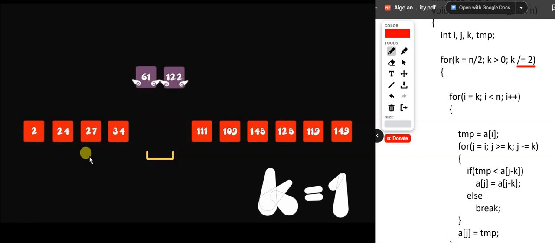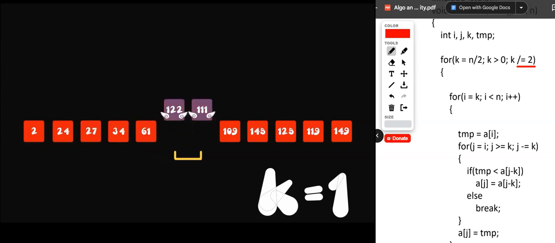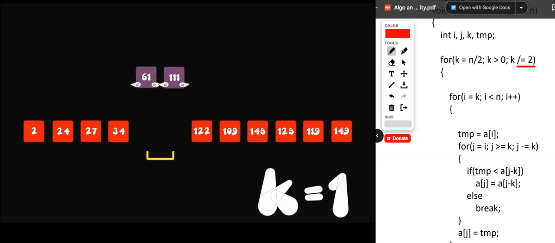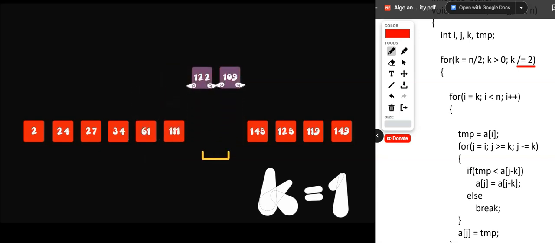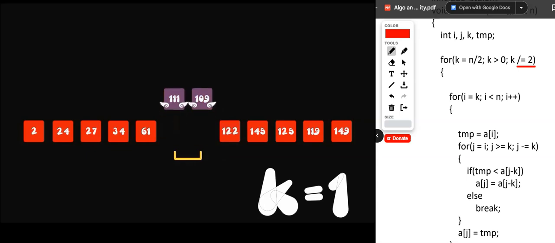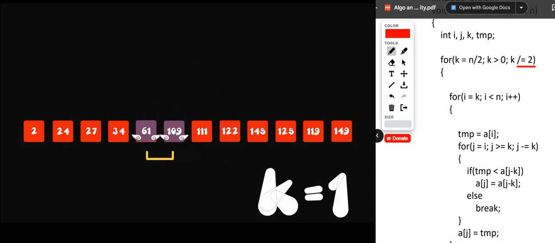Because there is no swapping, we move to the next point, maintaining a gap of 1. There is a change. So once again forward. If no change, then the next element will be compared. Again forward. No change. Oh, there is a change. So again forward. No change.